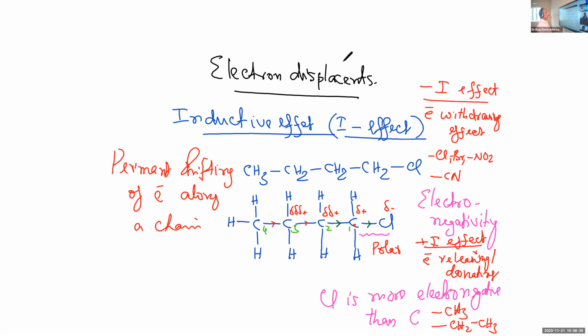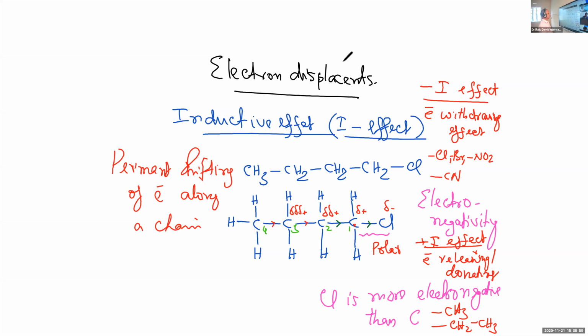So it is effectively seen only up to 2-3 carbon atoms. After that, there is no inductive effect. It vanishes. Beyond the 3 carbon atoms, there is no shifting of electrons.